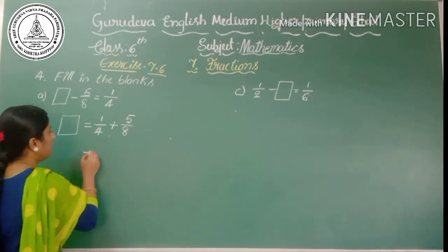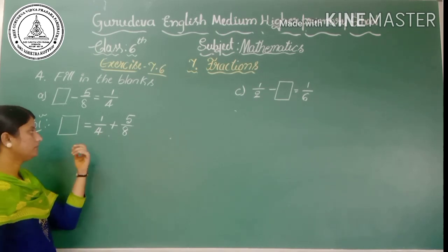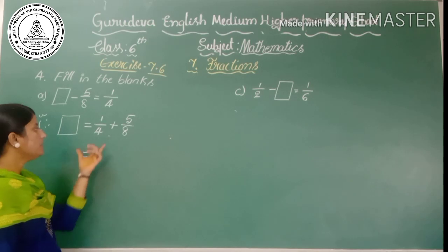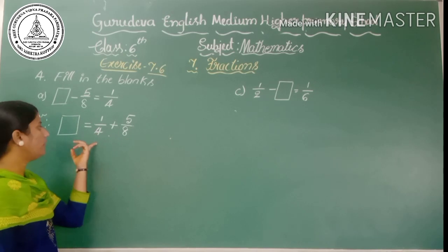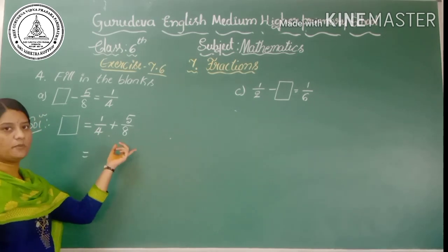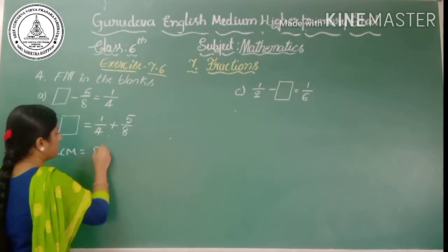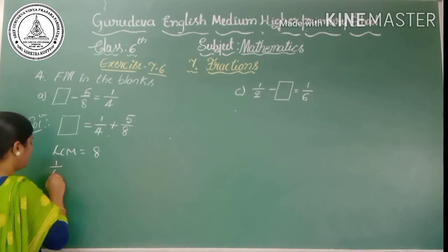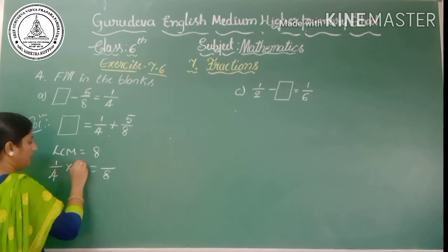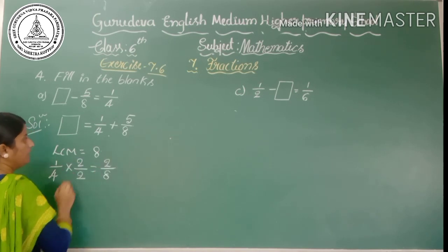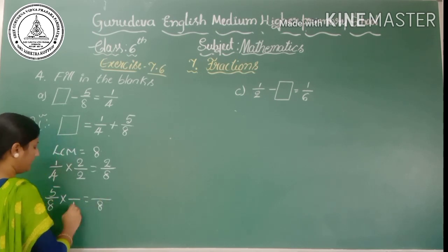Now 4 and 8 are unlike fractions, so take the LCM of 4 and 8. 8 is a multiple of 4, so 8 is the LCM of 4 and 8. Convert the fractions to denominator 8. 4 times 2 is 8, then 2 ones are 2. Then 5 by 8, 8 ones are 5.